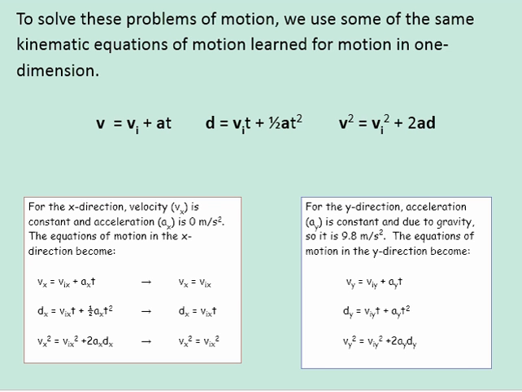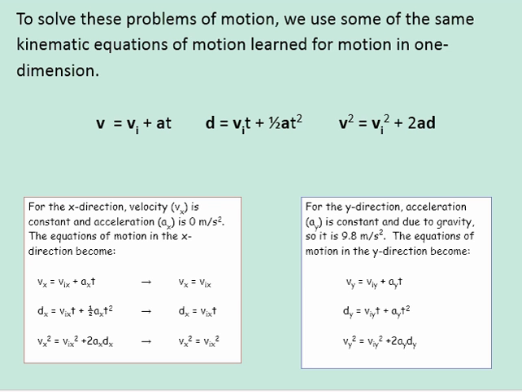So if we look at just the horizontal direction, because there's no acceleration, every term that has an a in it is 0, so it all drops out. And we end up with our nice constant velocity or constant motion equation of velocity equals distance over time. Or initial velocity equals final velocity.